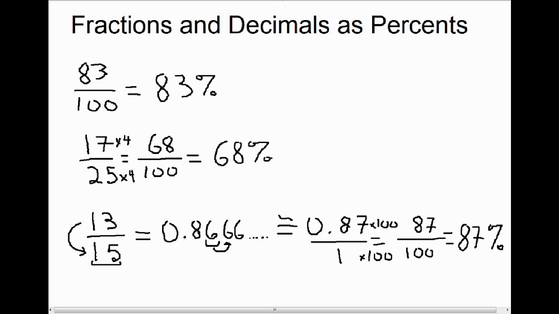Now, if we look at the previous example, 17 over 25, we were able to make that into a fraction out of 100. But suppose I wanted to make that into a decimal. Well, we would have to divide 17 by 25. And if you've got a calculator handy, what you'll find is that is 0.68.